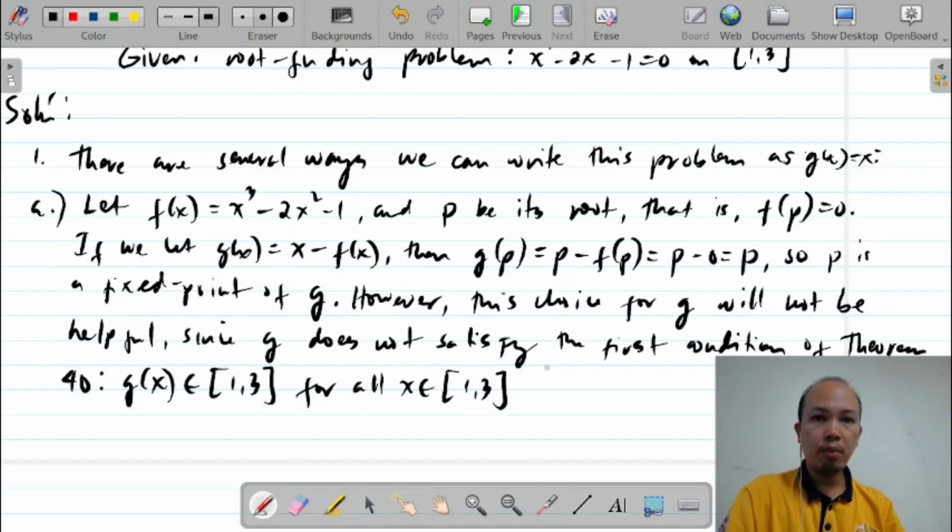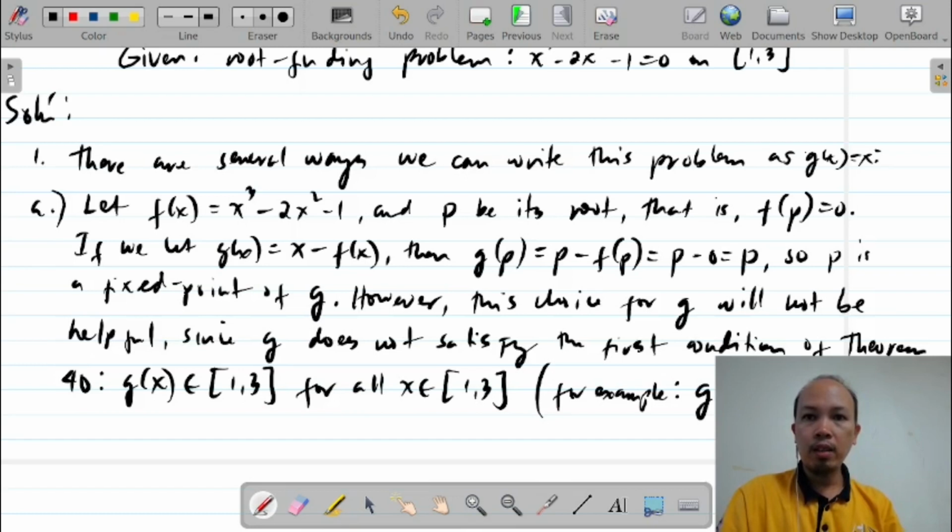So for example, g of 3 is equal to -5, but that is not an element of the interval [1, 3].